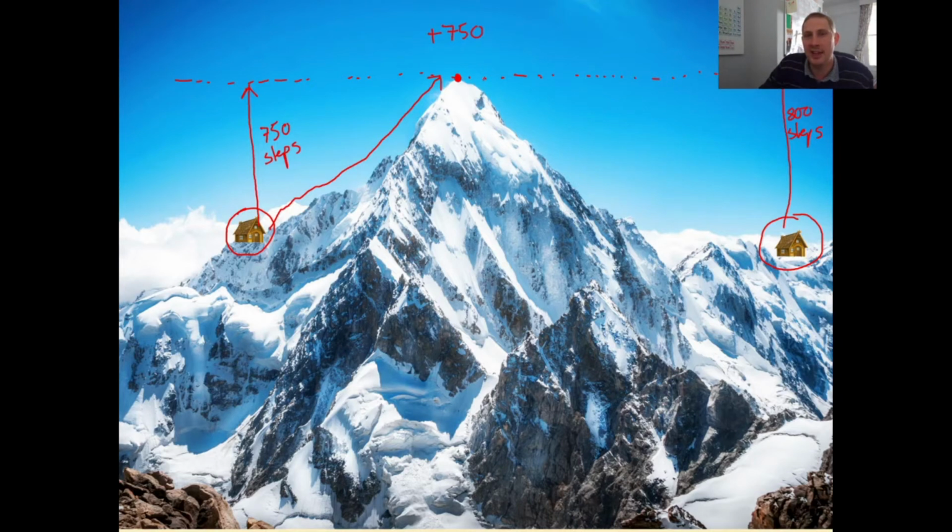But then they come down the mountain. They go in the opposite direction to walking to the top, so they go in the opposite direction of this number, minus 800 steps. They're going against this arrow. This arrow told us how many steps it took to go up to the top. They're going against it, so that's why we flip the sign, minus 800 steps. That gives us minus 50 steps, telling us that for someone going from the left village to the right village, they go down by 50 steps.